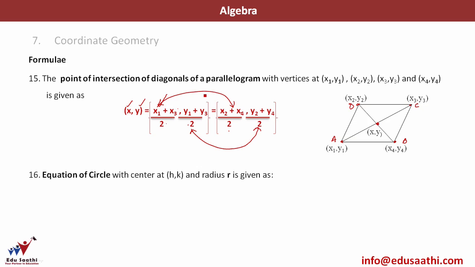So what I will understand here is, x1 plus x3 will be equal to x2 plus x4, and y1 plus y3 would be equal to y2 plus y4. So if any coordinate of a vertex is missing, I can find out the missing vertex by using this result. The last case that we have is the case of a circle.